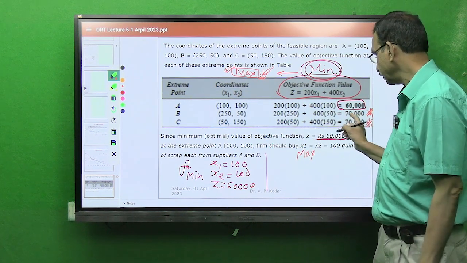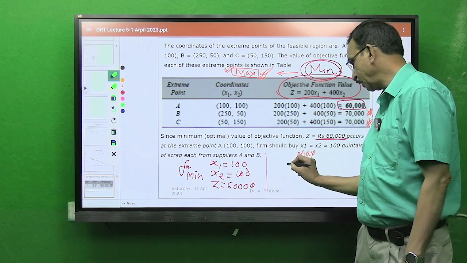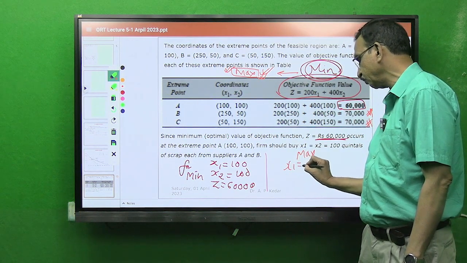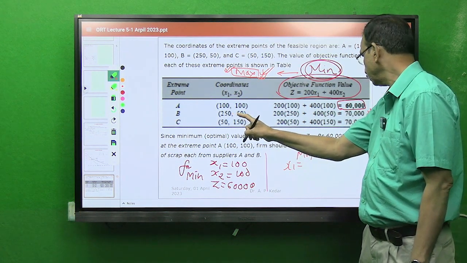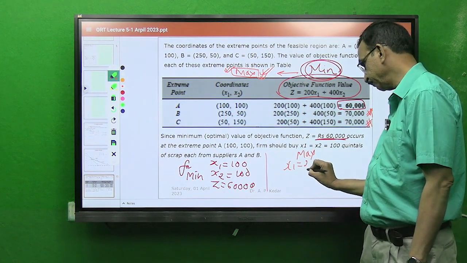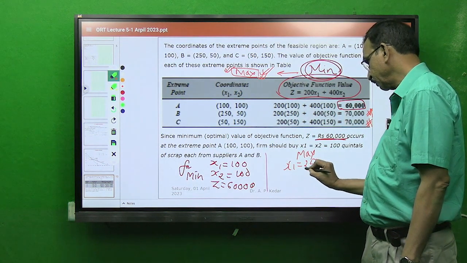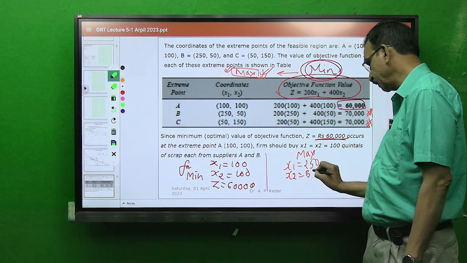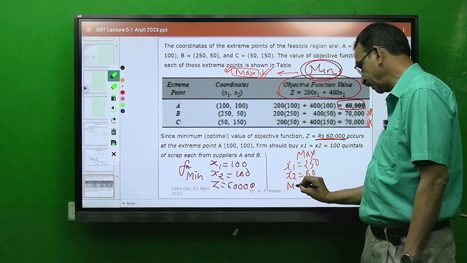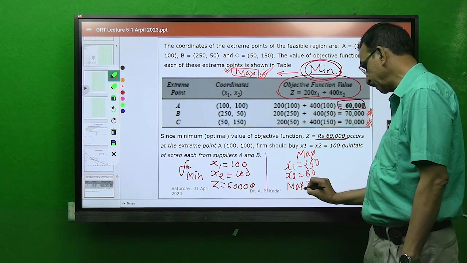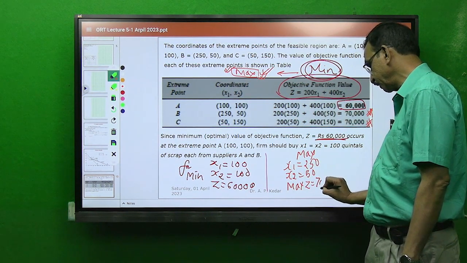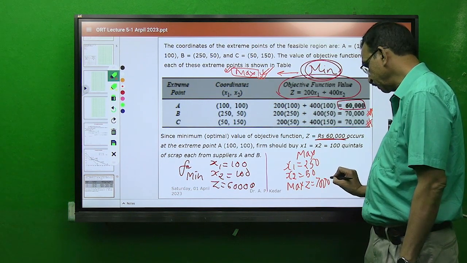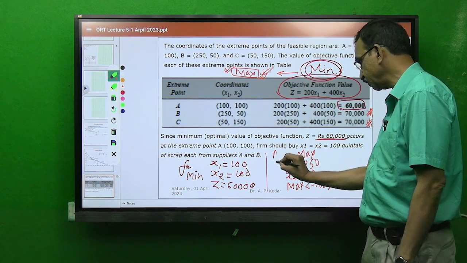First way is, your value of x1 will be equal to 250. Your value of x2 will be equal to 50, and maximum z will be equal to 70,000. This is first solution.